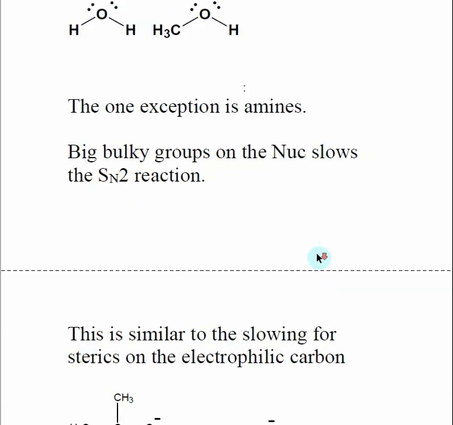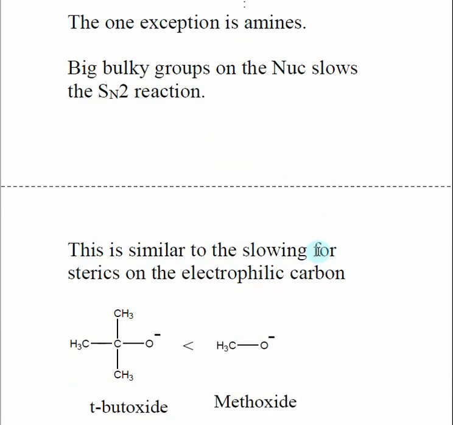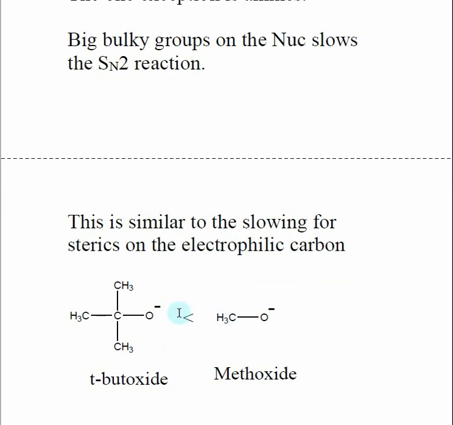One other thing you want to understand, I'm going to introduce this to you, and we will come back through and talk about it a little bit more. Sometimes we can force a reaction to do something that we want by changing the actual nucleophile itself. The idea is it's called a big bulky group on a nucleophile, and it's also called a big bulky base.